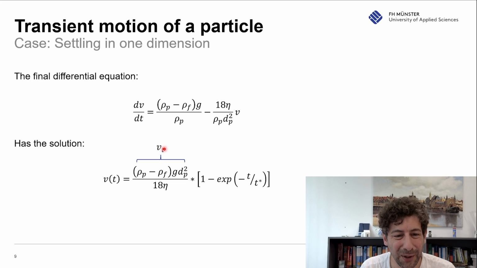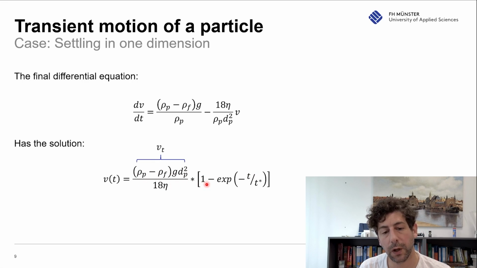And this is the terminal velocity in the Stokes regime. So this is what we calculated for the settling of one particle, right? And this makes sense, because if this goes to 1, so there is no acceleration anymore, this is the leftover, and if there is no acceleration, this should be the terminal velocity.